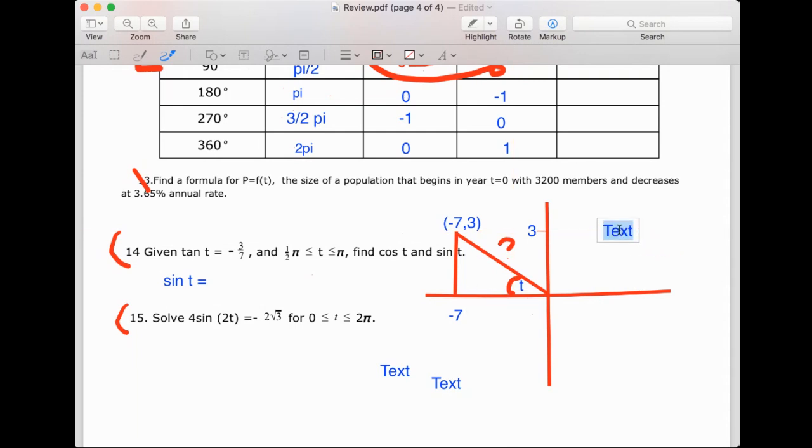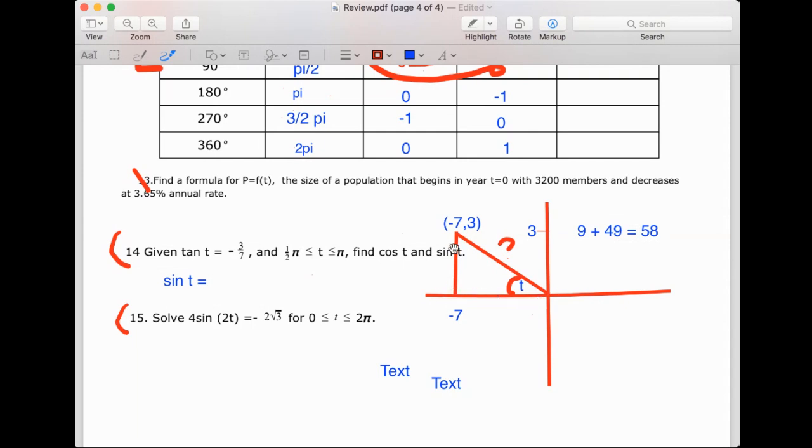Right? So the hypotenuse would be a square root. Let me not write the square root first. That's 3 squared, which is 9. That's 7 squared, or negative 7 squared, 49. So we get 58, right? Because the length of this side is 3, the length of this side is 7.